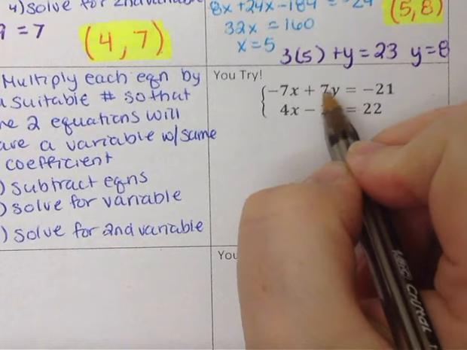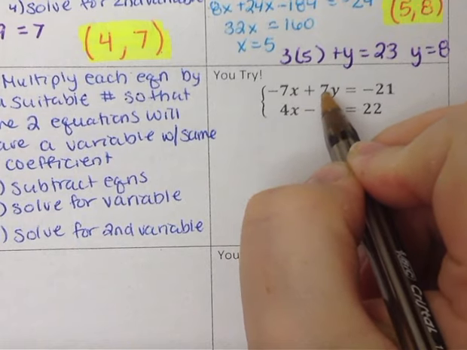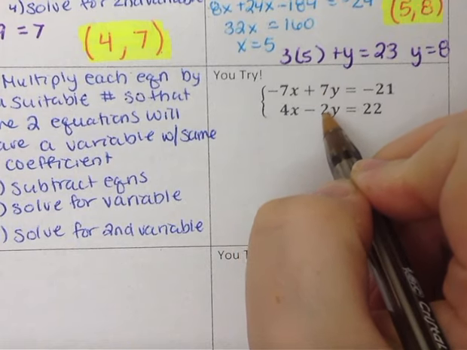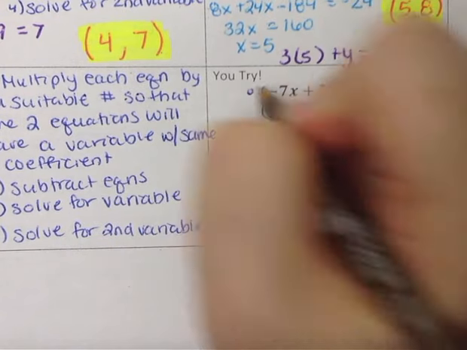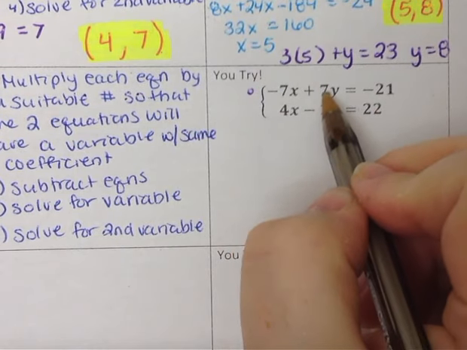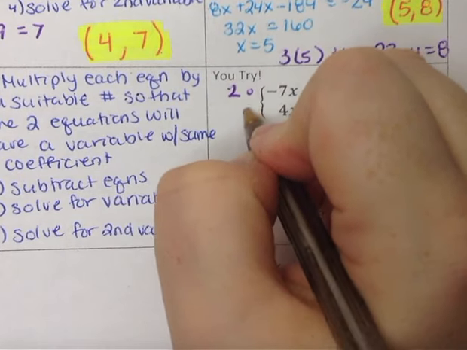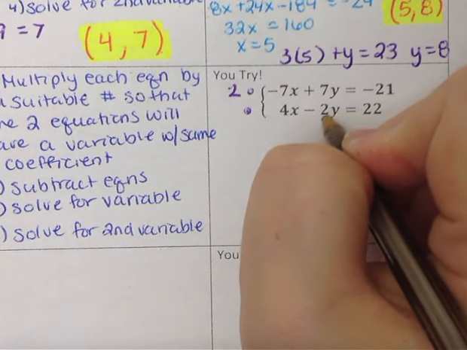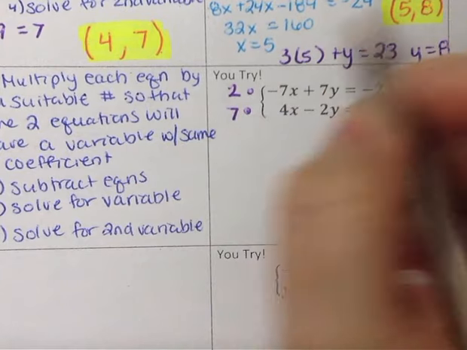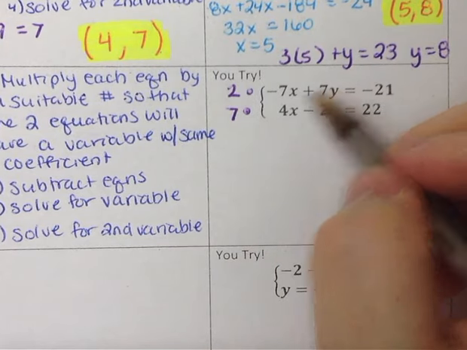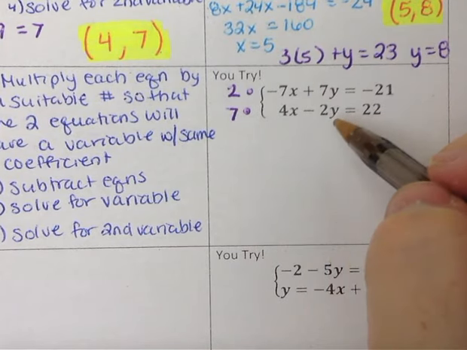This top equation has a 7 on the y. The other one has a 2. So I multiply the top equation by the 2, and I'll multiply the bottom equation by the 7, because 2 times 7 and 7 times 2 will give you the same value.